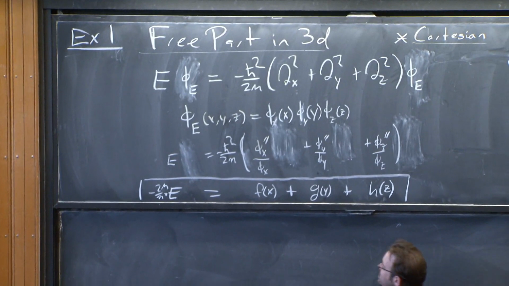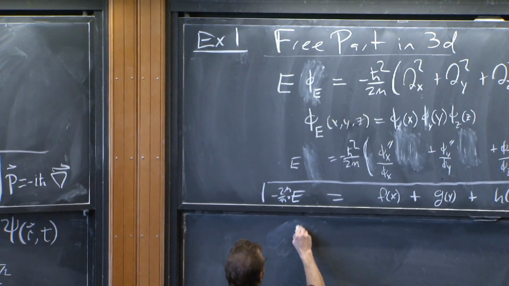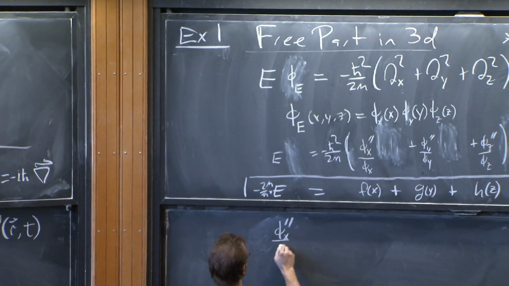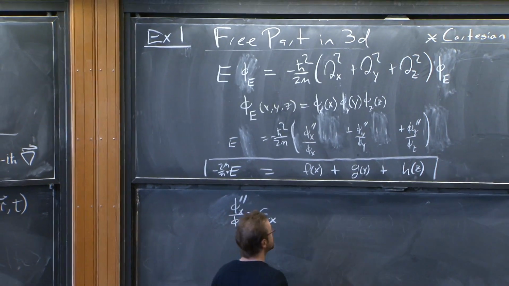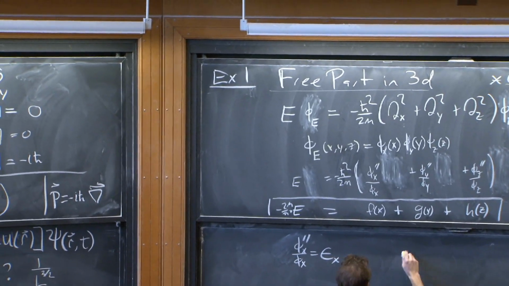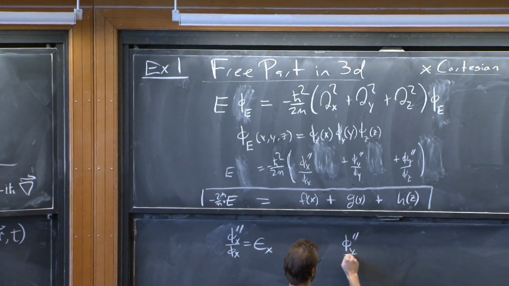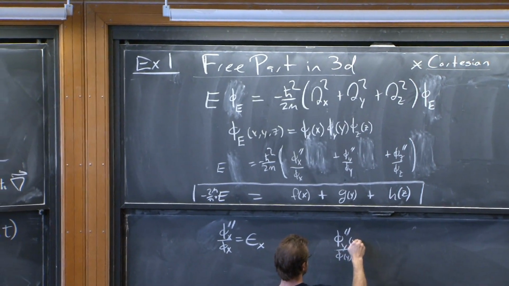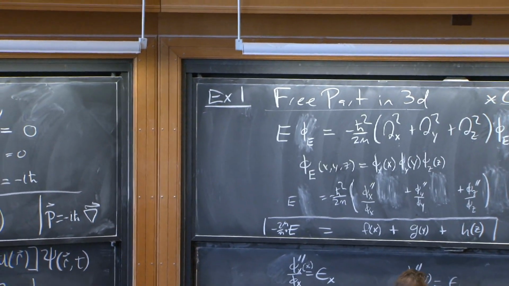It's got to be constant. Exactly. So this tells us that f of x is a constant, i.e. phi x prime prime over phi x is a constant. I'll call it epsilon x. And phi y prime prime over phi y, this is a function of y, is equal to epsilon y.